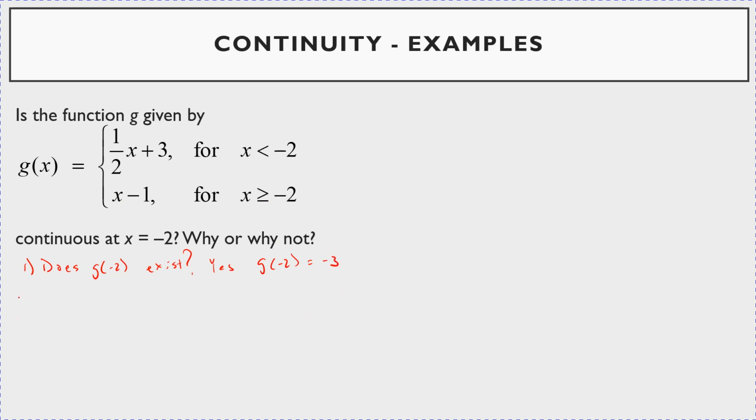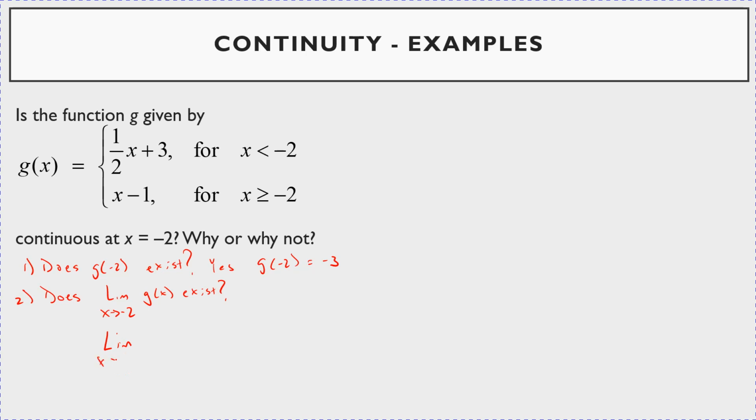The second one: does the limit as x goes to -2 of this function g of x exist? That's a little bit tricky, because you have a piecewise defined function. So you have to look at the one-sided limits.